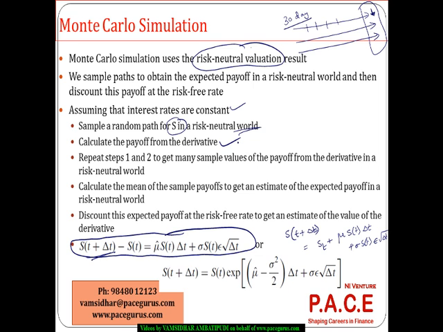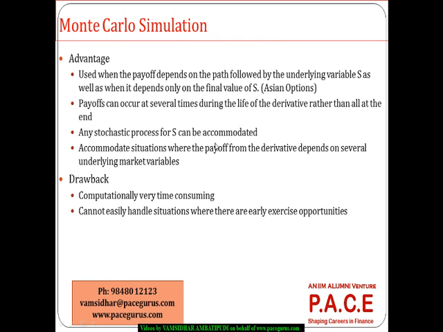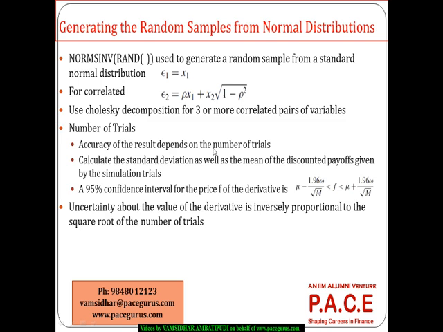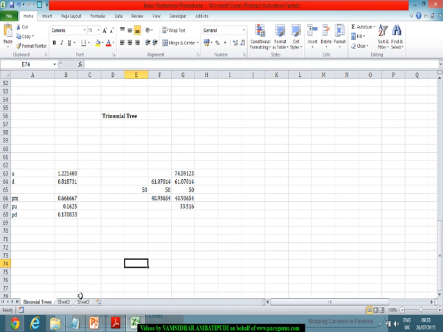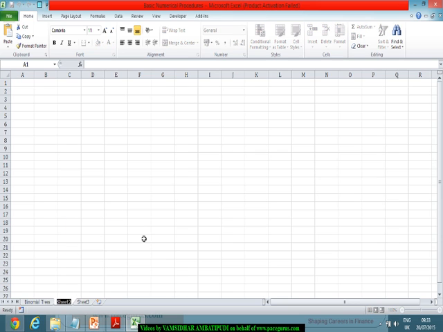Okay, let me take one example. Did I consider any example here? No. So let me create one example. Let me take a stock price to be 50, and this stock is giving on an average 8% or 10%.